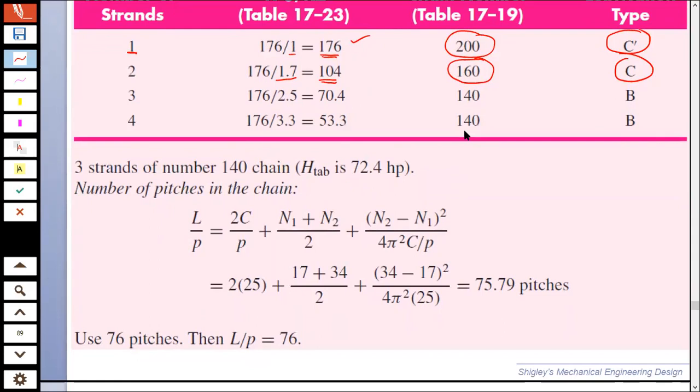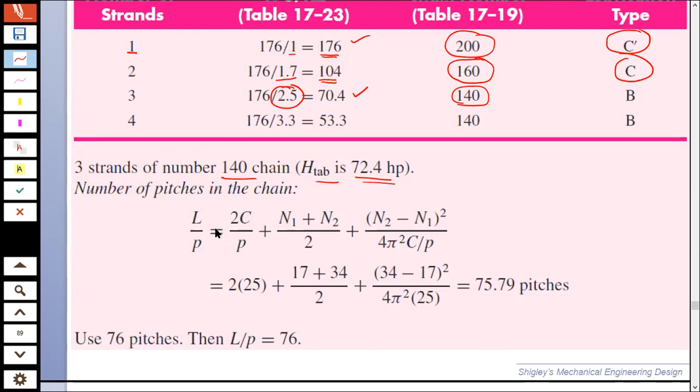Looking over here, this is for 3 strands. If I take 3 strands, then it is 70.4, and that is chain number 140. So let's use that: 3 strands of chain number 140, H tab is equal to 72.4 horsepower.